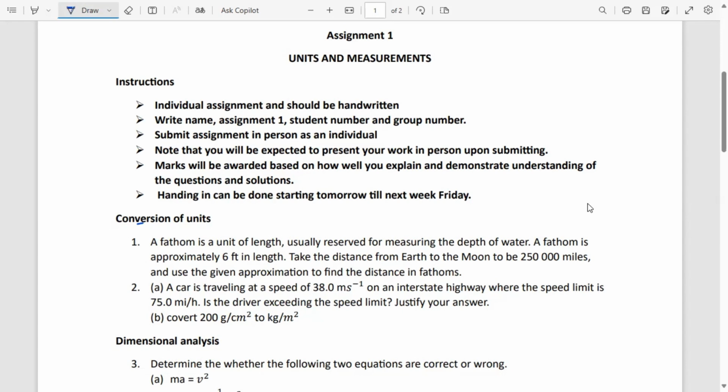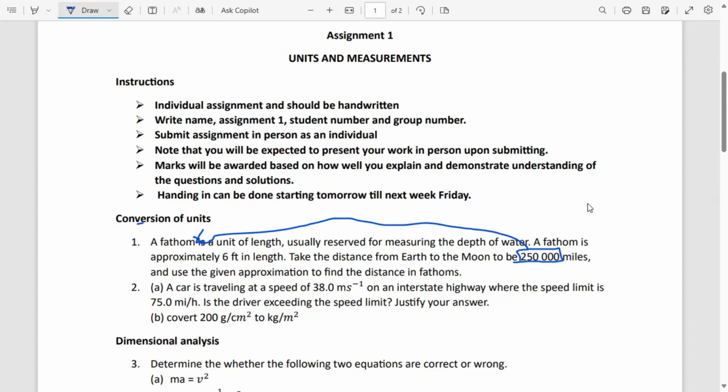Our goal is to convert this distance that is in miles to fathoms.